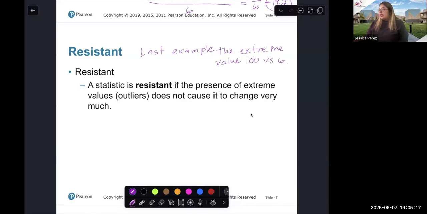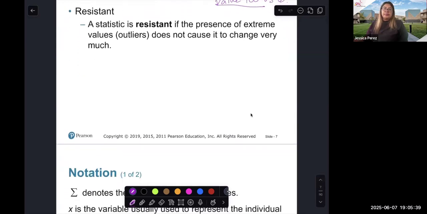That is called an outlier because it will change the value of the mean. In statistics, we want resistance. We want to preserve the value even though we add an outlier to it.